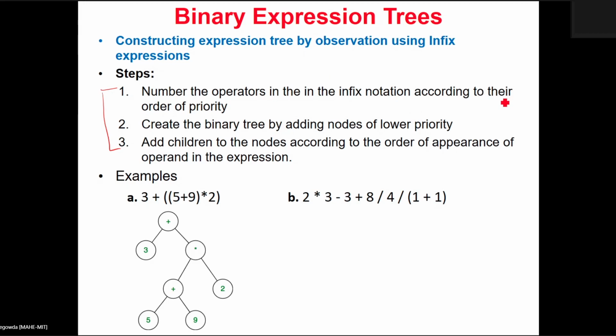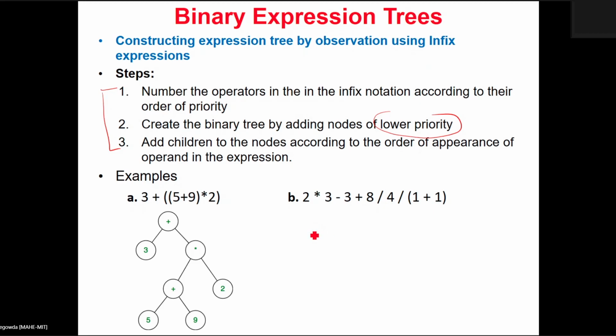Then create the binary tree by adding the nodes of lower priority first. Then in the third step, add children to the nodes according to the order of appearance of the operands in the expression. It means you start creating the tree by using the nodes of lower priority.